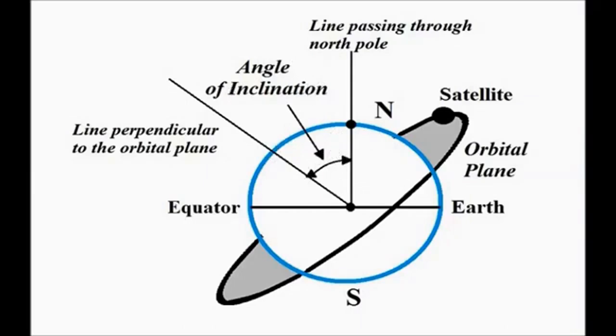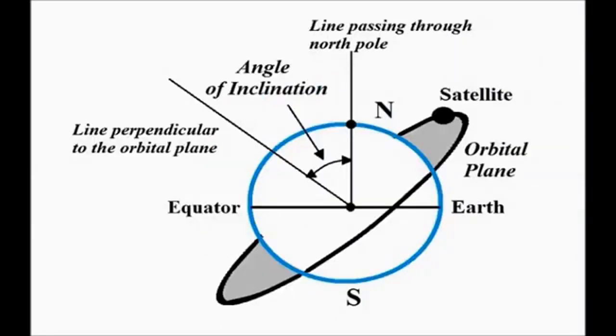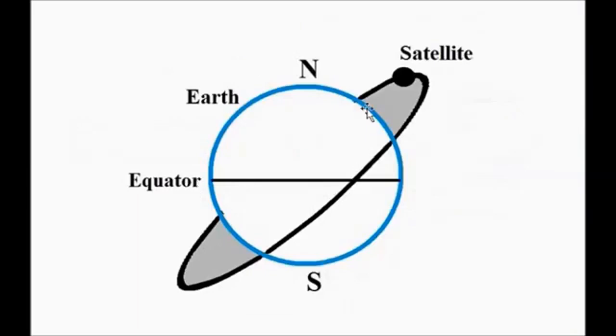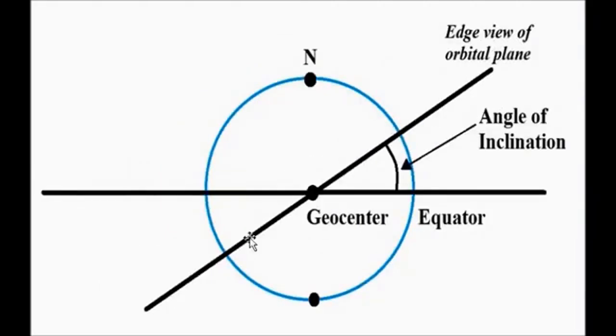The second definition is the angle formed between the edge view of the orbital plane, the side angle view, when viewed from a side angle, it appears like this, and the equator.